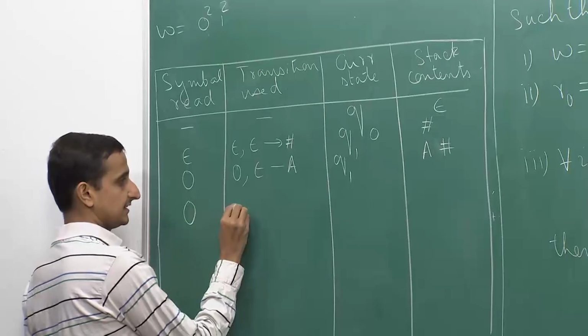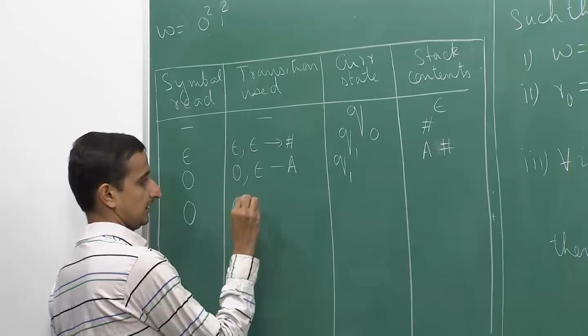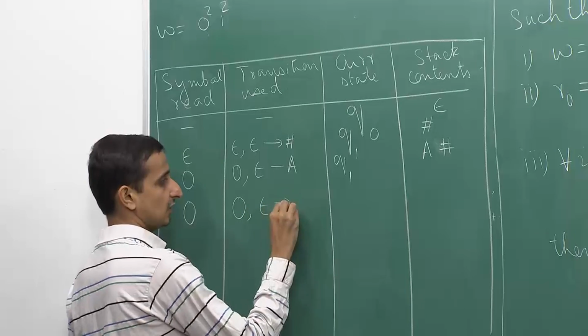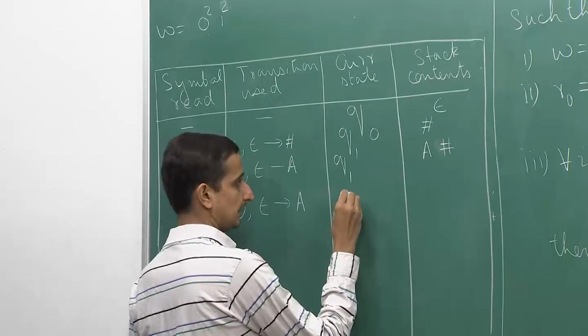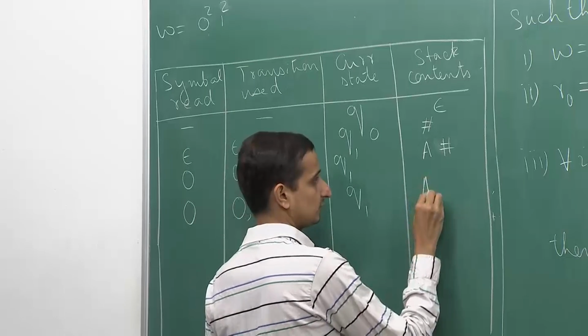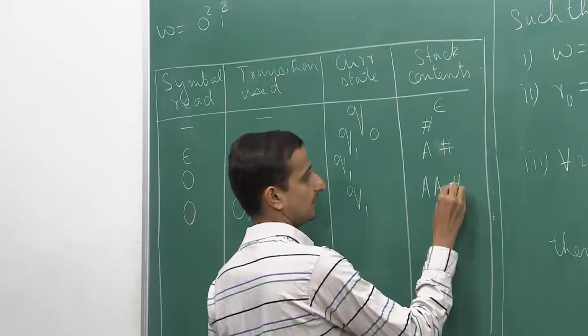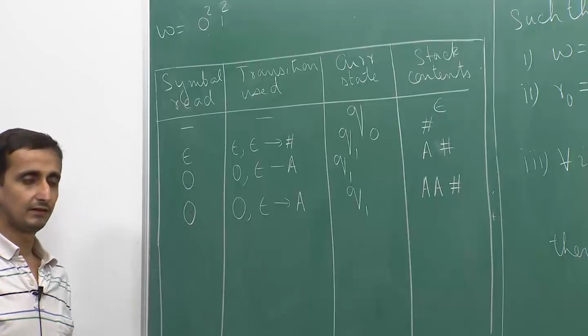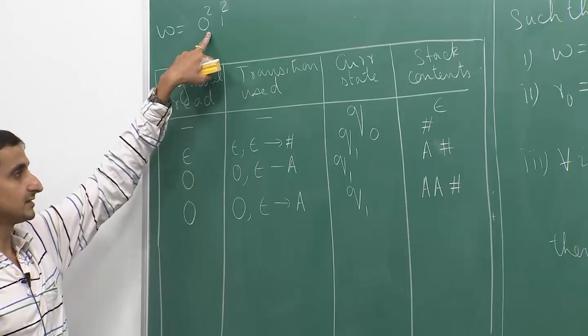It reads the next 0, uses the same transition again, epsilon going to A, stays at the state Q1, and now the stack has A A hash. Now, the zeros are exhausted.